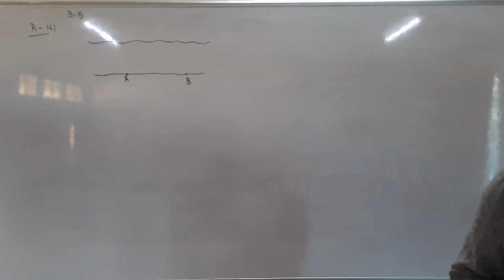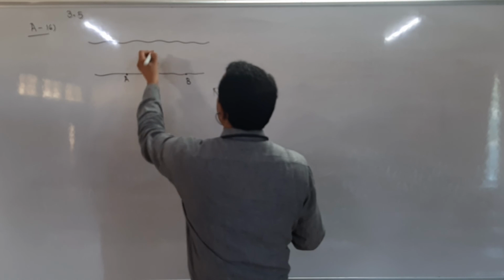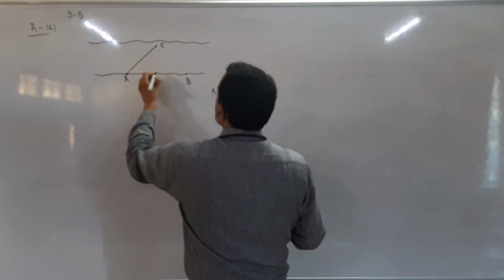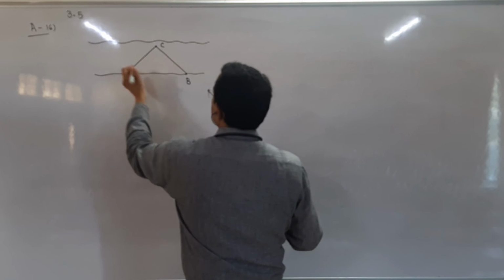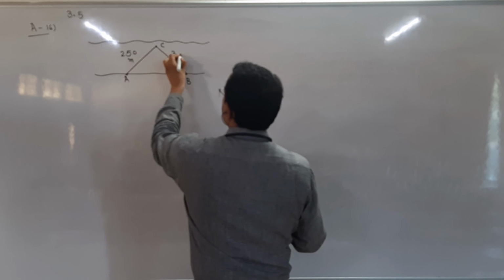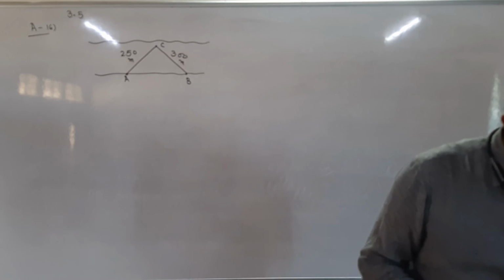From a point C in the river, the distance of trees A and B is 250 meters and 300 meters. Somewhere here is a point C in the river. This distance and this distance are 250 meters and 300 meters.